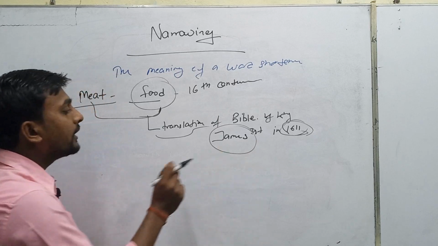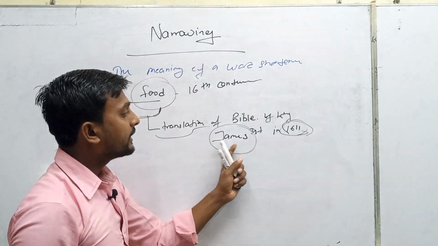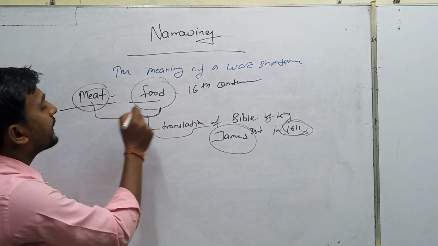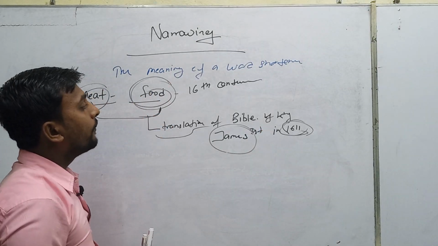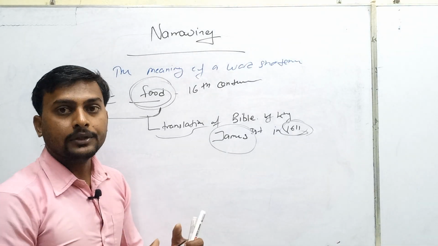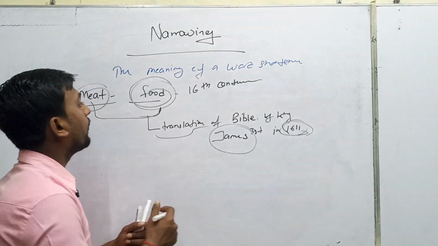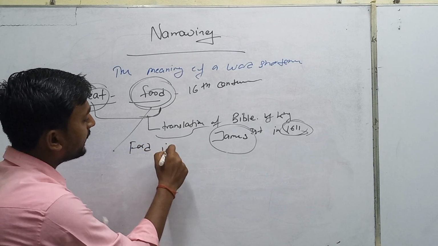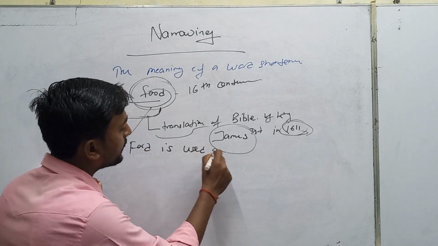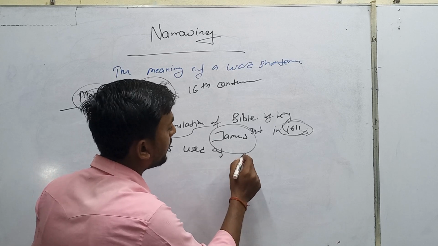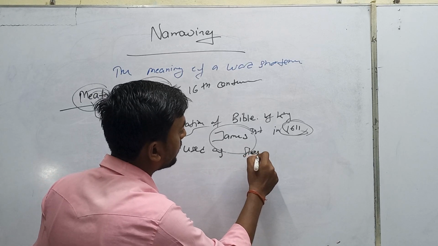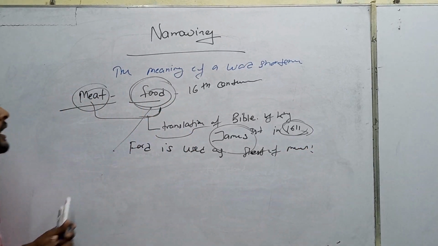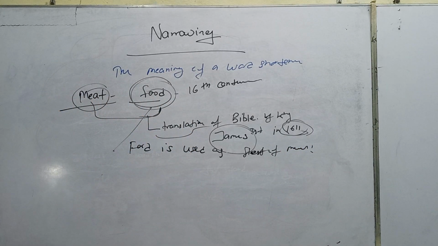James described meat in the Bible as food, but when it narrowed, it came to be used for the flesh of animals.